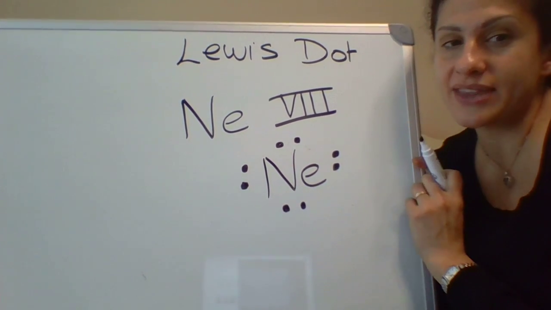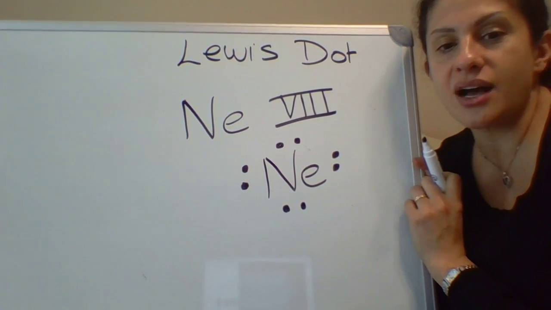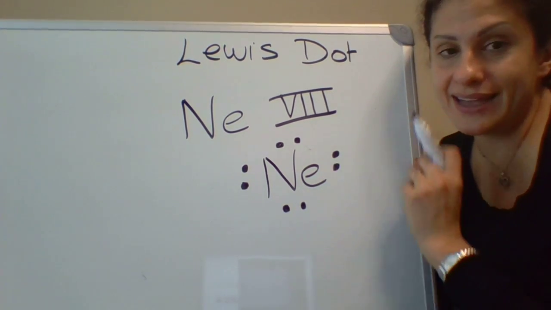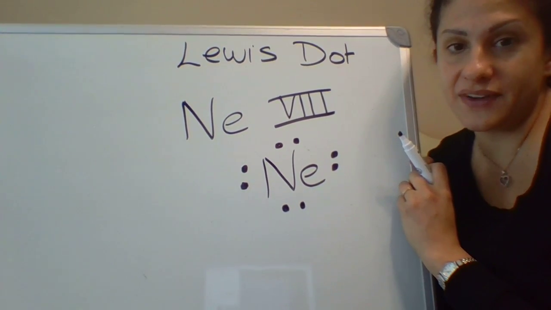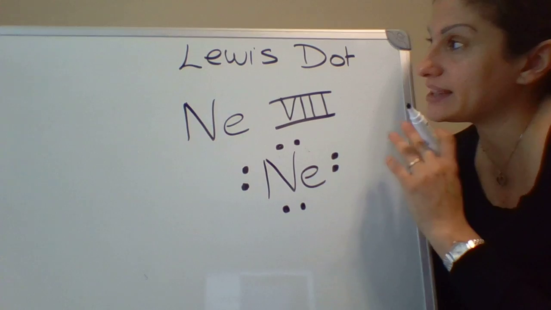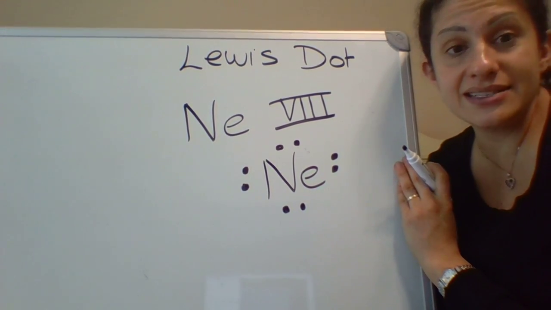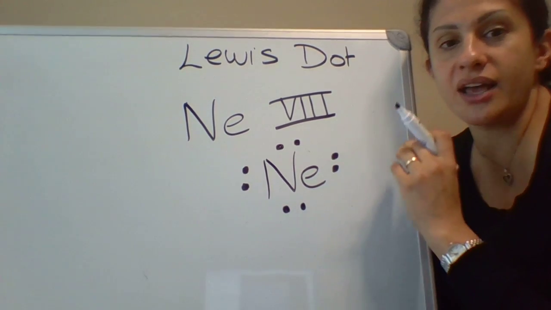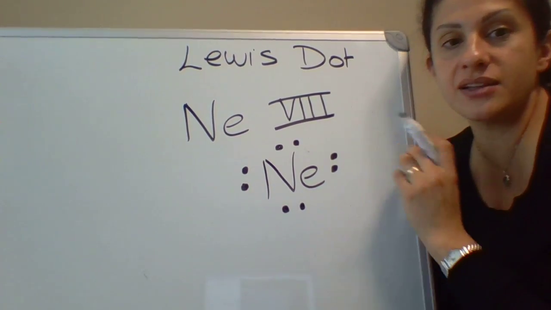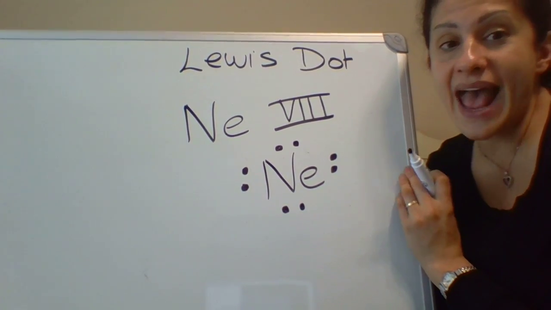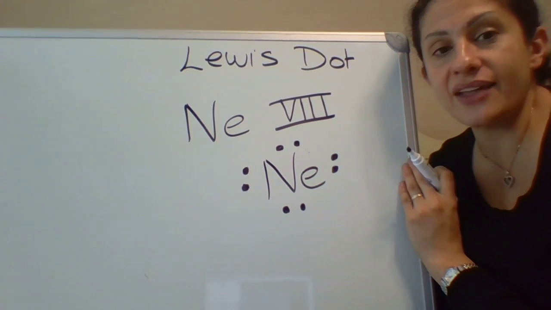And we're going to talk about that a little bit more when we start talking about losing and gaining electrons in the next video. But hopefully this allows you to draw your Lewis dot diagrams very easily. I've taught you a trick into how to determine how many valence electrons an element has just by looking at the groups.